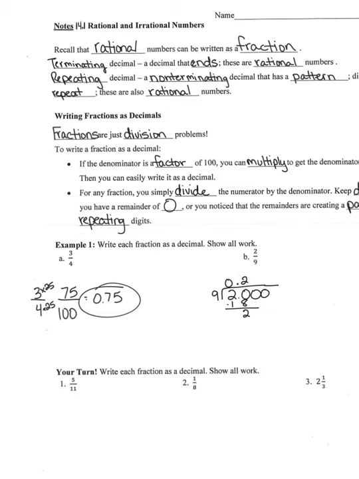Subtracting, I get 2. Bring down my 0. 9 goes into 20 2 times again. 18. Hopefully by now you're noticing the pattern that I keep getting. 9 goes into 20 2 times, and I can see that I've got a recurring pattern here. Because that 2 is repeating, this is a repeating decimal of 0.2. And to show that it's repeating, I'm going to put that line above.